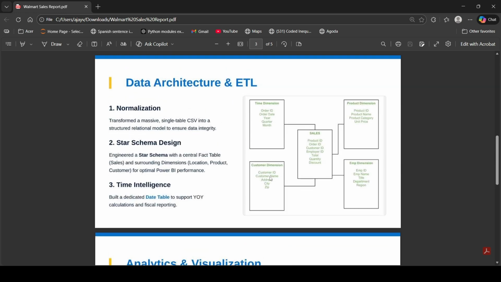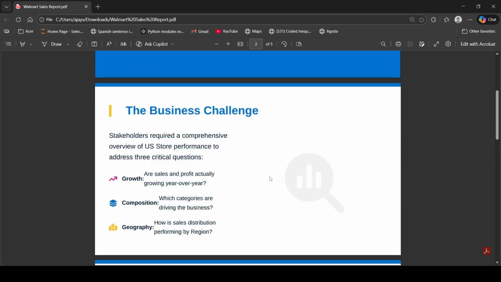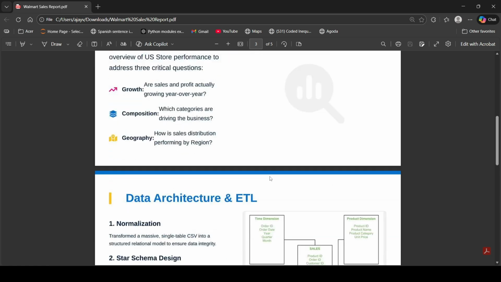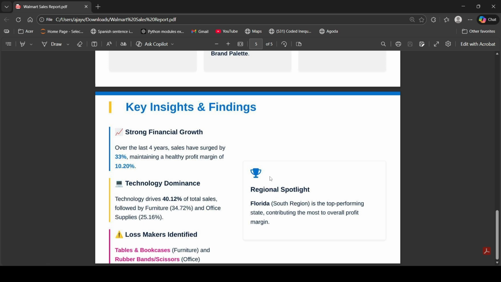So the management's first question was, are we growing over year? The insight that I found is that over the last 4 years, sales have grown 33%, while on the other hand, profit margin has grown 10.20%.